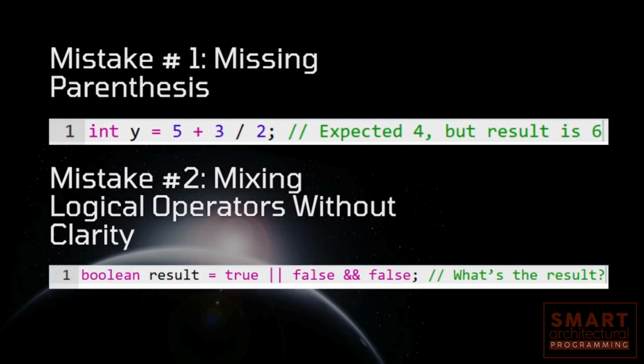Similarly, if you look at mistake number 2, that's mixing logical operators without clarity. Here we have true or false and false. What's the result? That's confusing, because logical and has higher precedence than or. So false and false gives false, then true or false gives true.